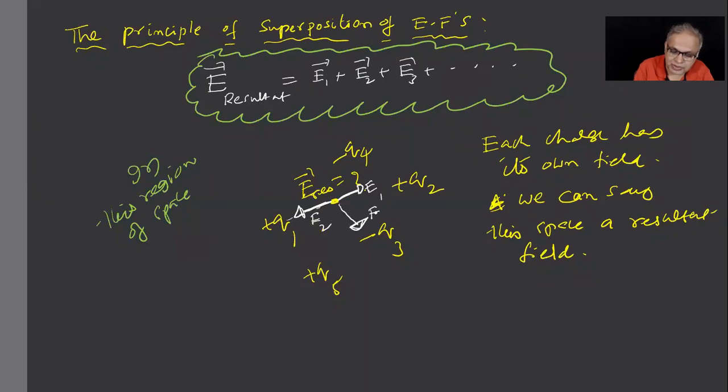Towards this. Isn't it? For minus charge, E is towards it. Okay, this is my E4. This is my E5. All these things added will give you the net field here. That's what I mean by the principle of superposition of fields.